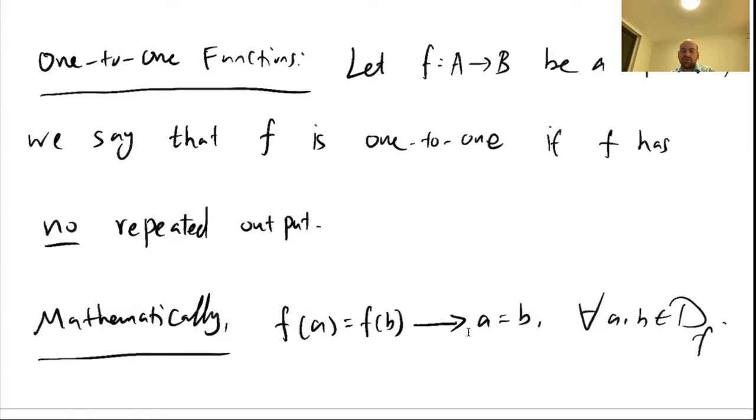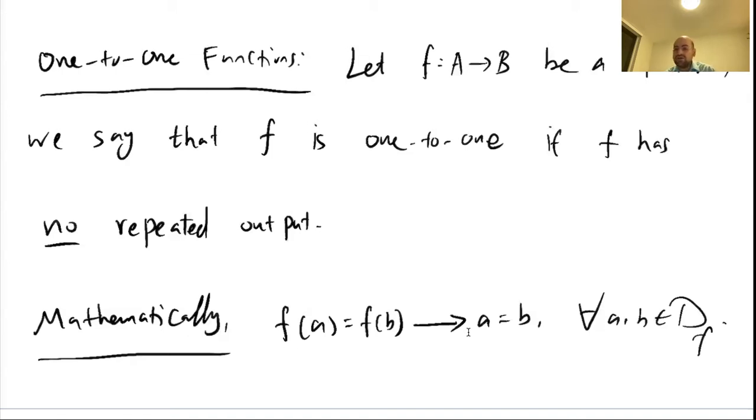So potentially it's possible that we have the same output for two different inputs. For example, in the example of the height of the students, it is potentially possible that two different students, let's say student number 1 and student number 10, are both 160 centimeters.